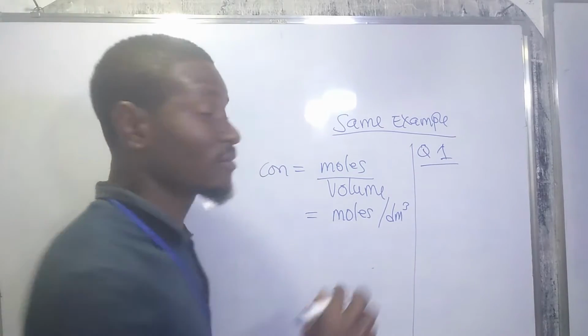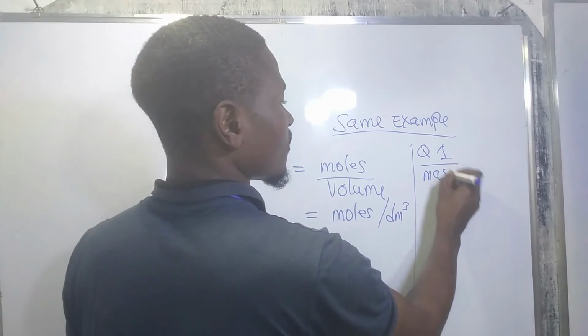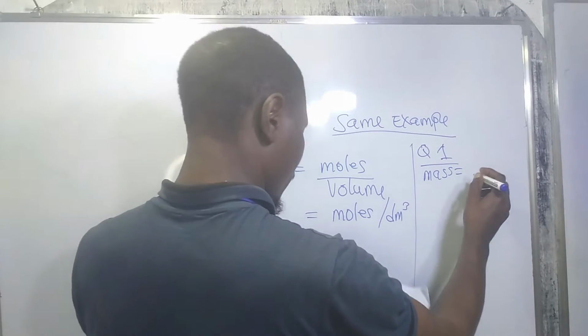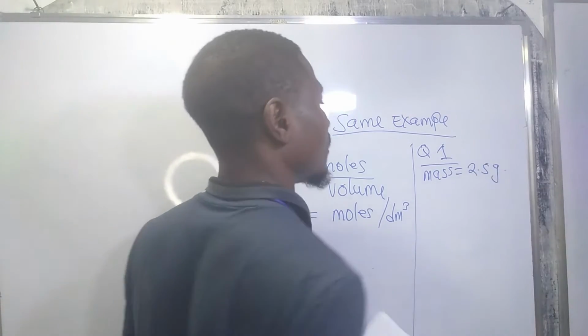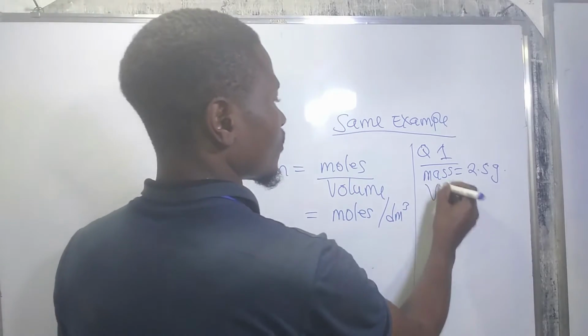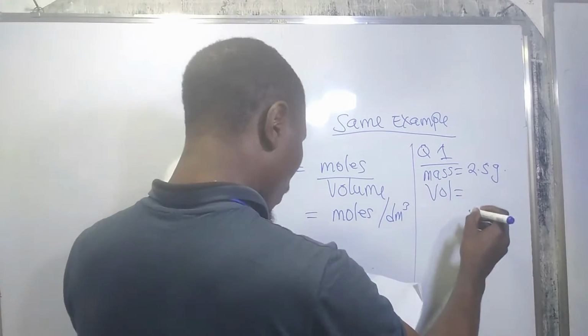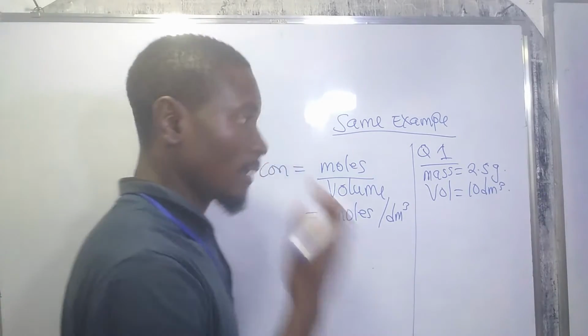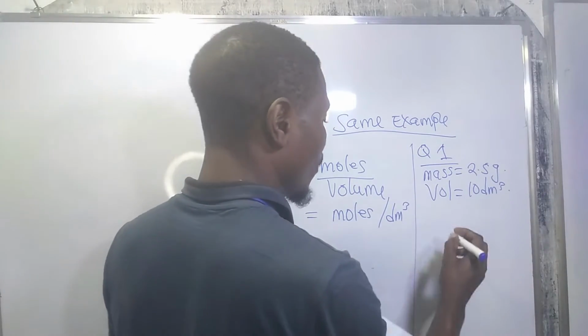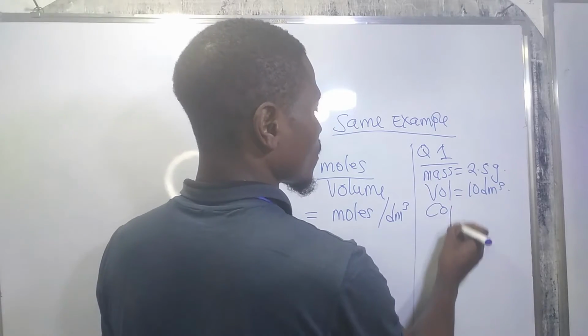in question 1, the mass was 2.5 grams. And then the volume was 10 decimeter cubed, and then this was copper 2 sulfate.